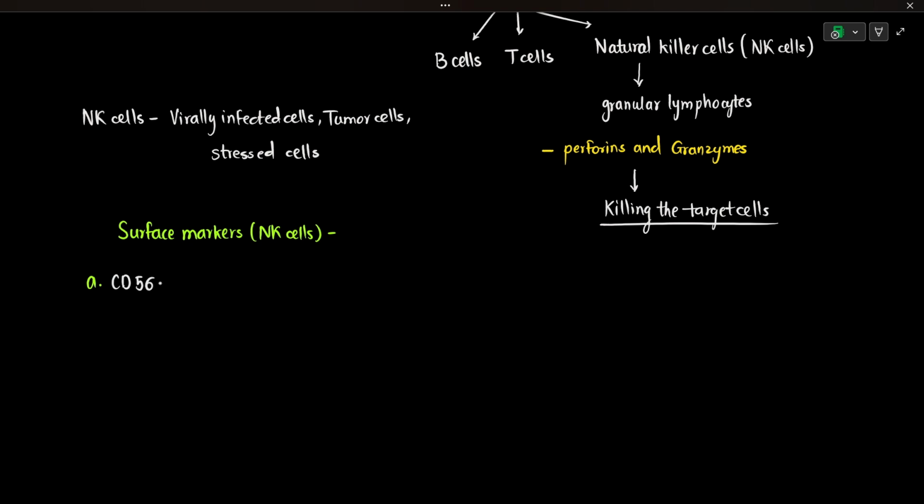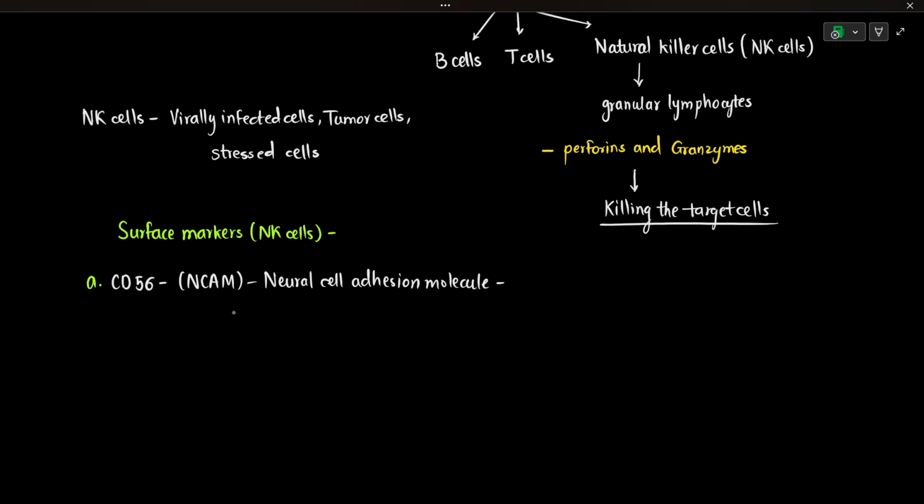CD56. Okay, this is also referred to as NCAM because it is the neural cell adhesion molecule. This particular receptor is very important because it defines the subset of natural killer cells. There exist some regulatory natural killer cells as well as some cells which are highly cytotoxic.